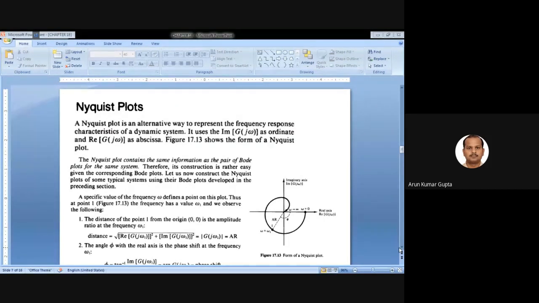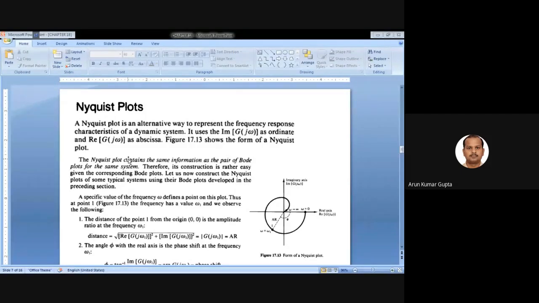The Nyquist plot is an alternate way to represent the frequency response characteristics of a dynamic system. Basically, we use the imaginary part as the ordinate and the real part as the abscissa. So we have the imaginary axis and the real axis. Now you can see the figure, and it contains the same information as the Bode plot, but in the Bode plot there is always a pair of information.